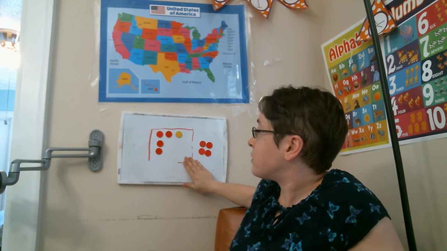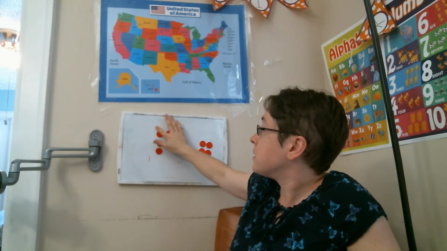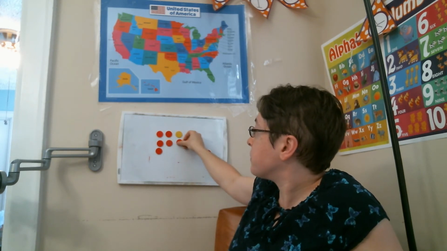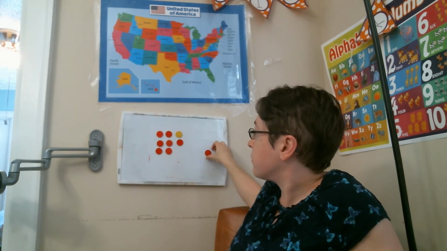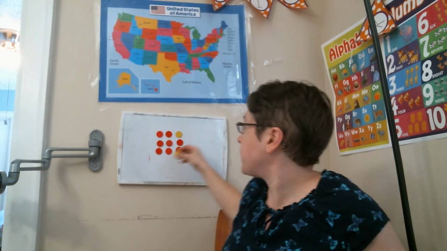Okay, so now you're going to need at least 10 things. Here I have my 10 counters.